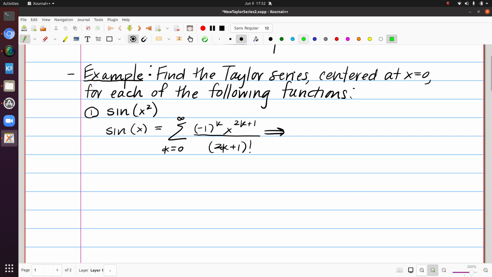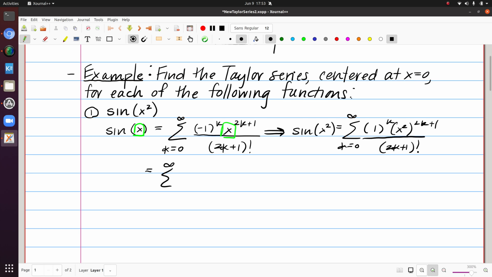So I'm noting the placement of x here, and I'm going to say that sine of x squared is going to be the series I get when I replace x with x squared. Now, it's best to get into the habit of simplifying this, and what I mean by that is that I can write this by taking, whoops, this should be a negative up here.